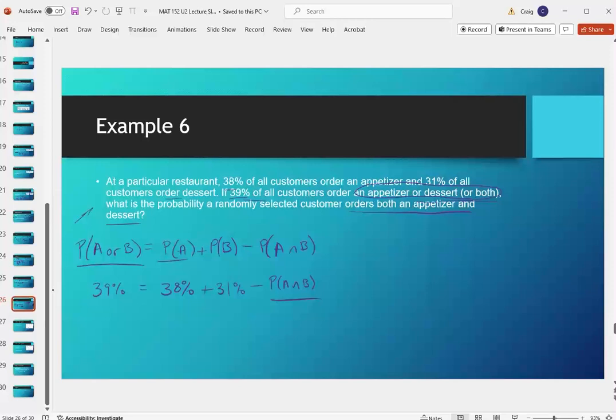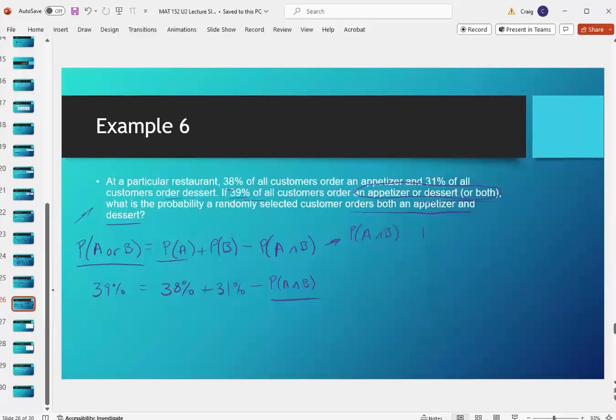Now we can do a little algebra to get to this answer. Let's just rearrange this equation a little bit so that we have the probability of A and B on one side.